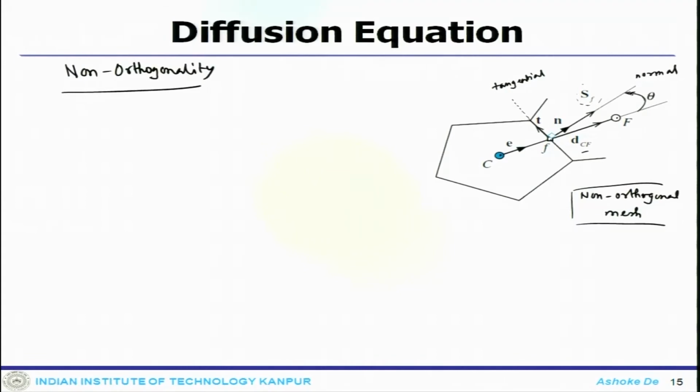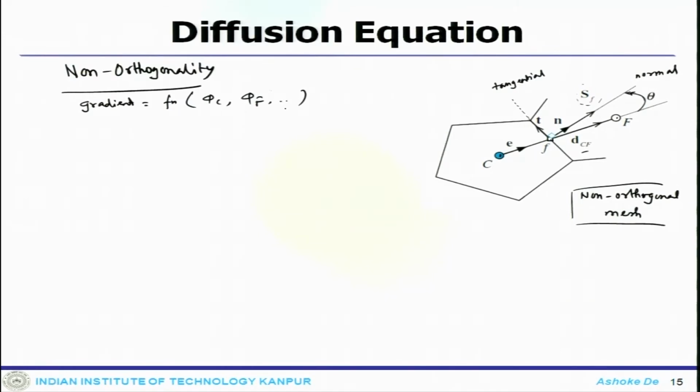Now, writing the gradient in this case as a function of this information, the gradient still would be a function of phi C, phi F and some other component, because of the non-orthogonality.